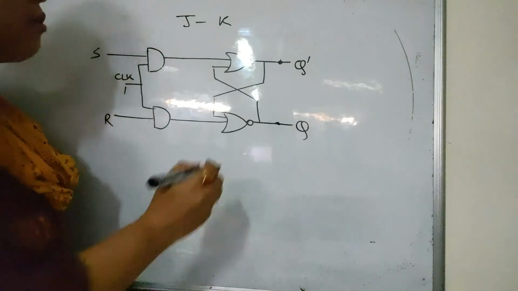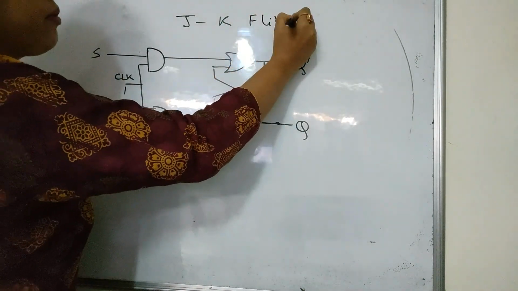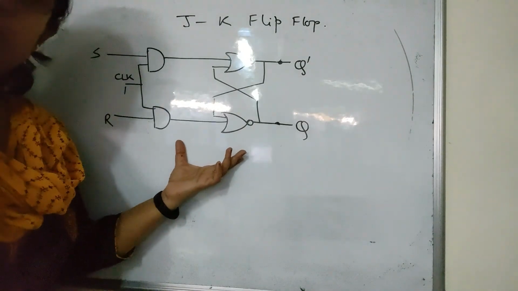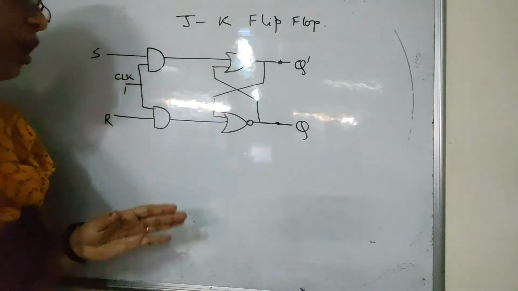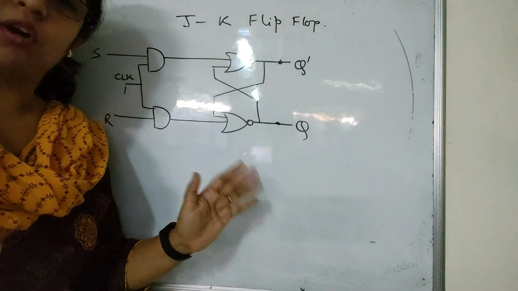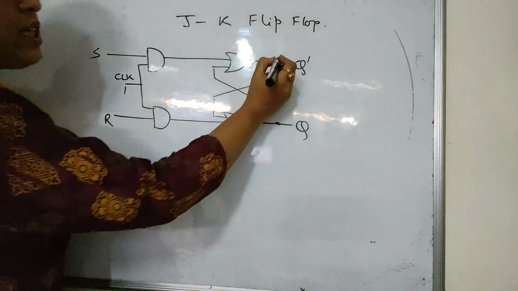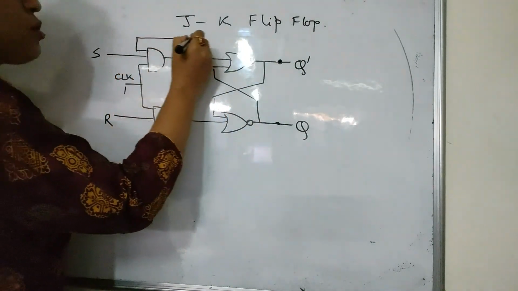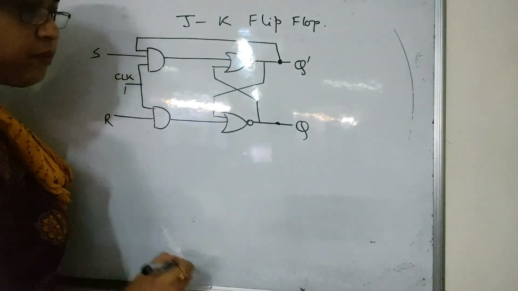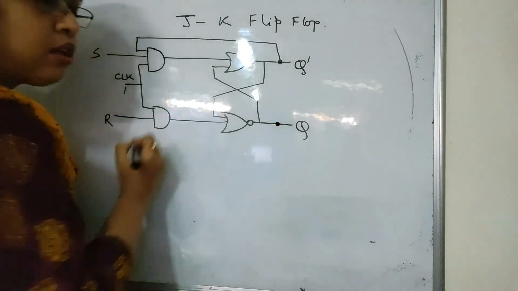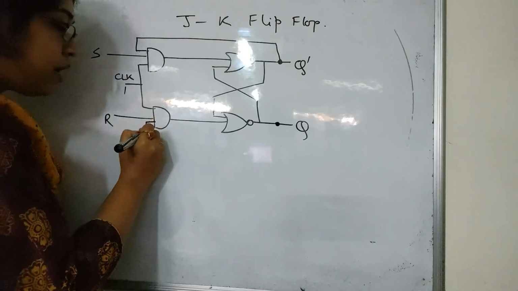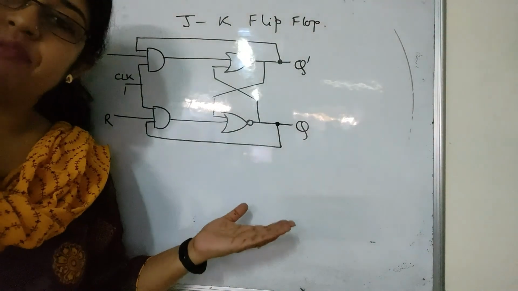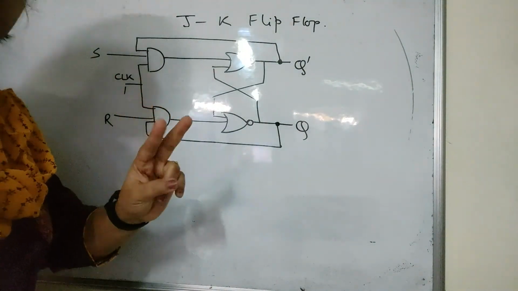Now we are going to discuss JK flip-flop. This is the diagram of SR flip-flop that we have already learned. To convert an SR flip-flop into a JK flip-flop, we take this Q dash and feed it into the same input gate as that of the S. We take a signal from Q and feed it into the same input gate as that of R. So JK flip-flop is a flip-flop which has two sets of feedback lines.